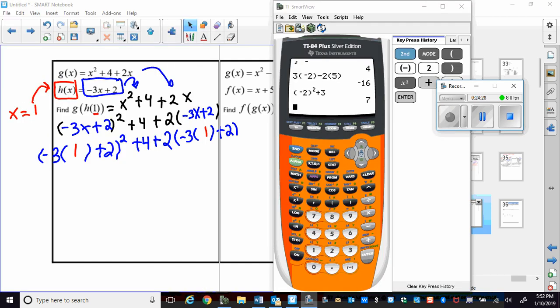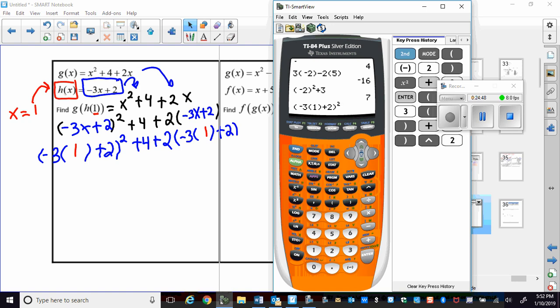And the only time you can do this is when there's a number inside, like that 1. All right? So I'm going to write it down exactly as I have it. So parentheses, negative 3, parentheses, 1, close parentheses, plus 2, close parentheses, up arrow, squared.